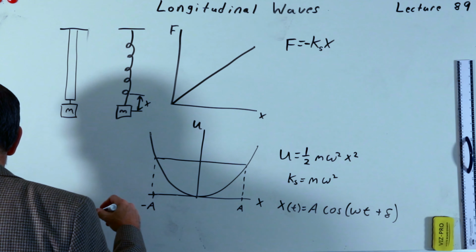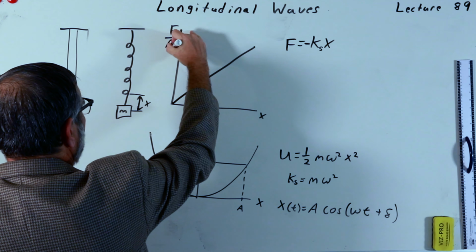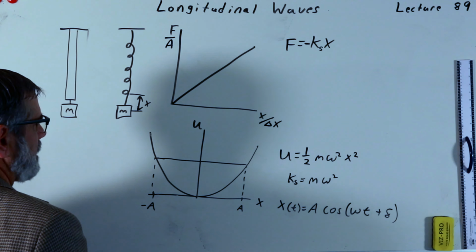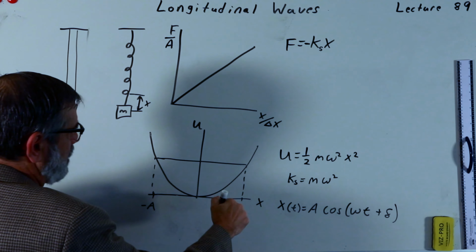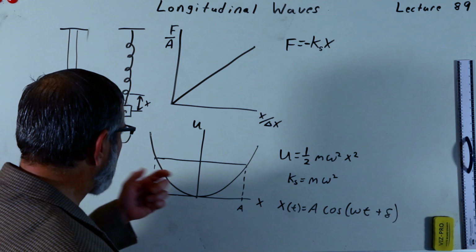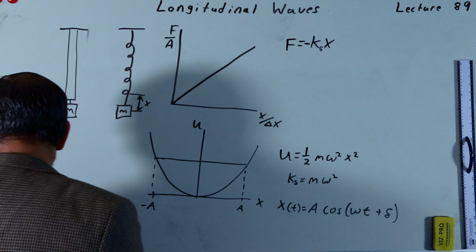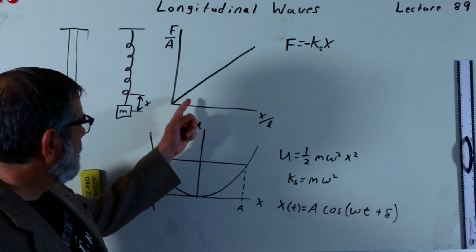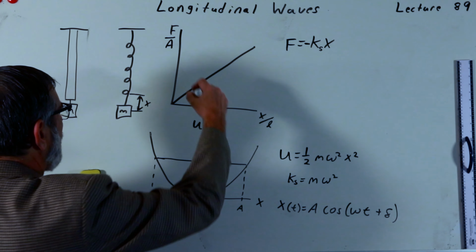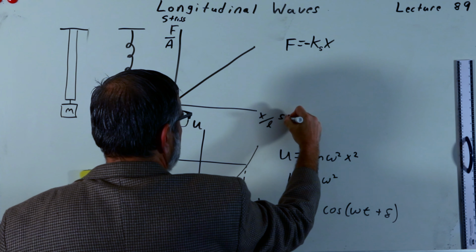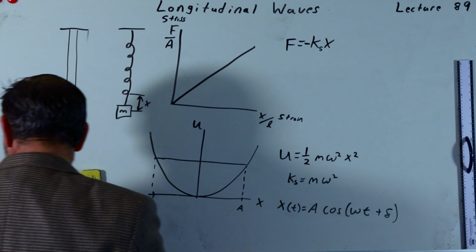And if we were to talk about F over A and x over, I guess we call it delta x, where now it's not so clear what is x and what is delta x here, but let's call this x over L. We would still get a curve that looks like this, but we would call this stress, and we would call this strain.